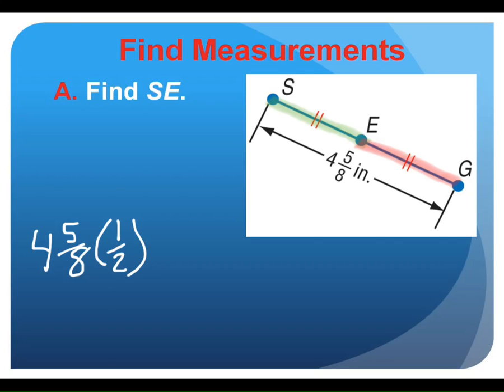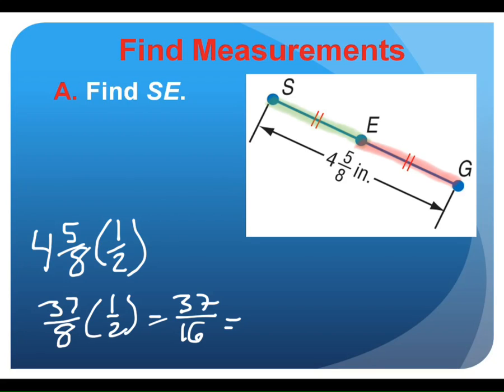Okay. Now I do need to make this a mixed number. Let's do that because we haven't done that yet. 4 times 8, 32, plus 5, 37. 8 times a half gives you 37/16. Now remember to go back to, you see how many times does 16 go into 37? 2. That gives you 32.